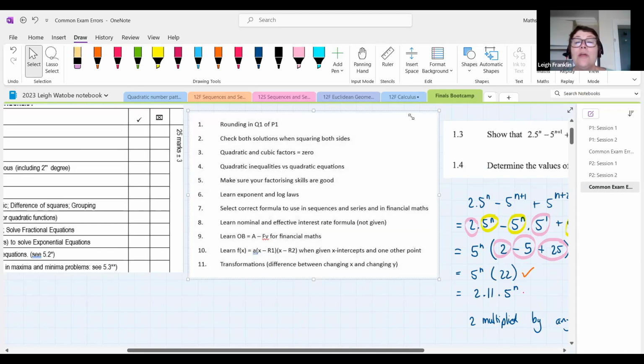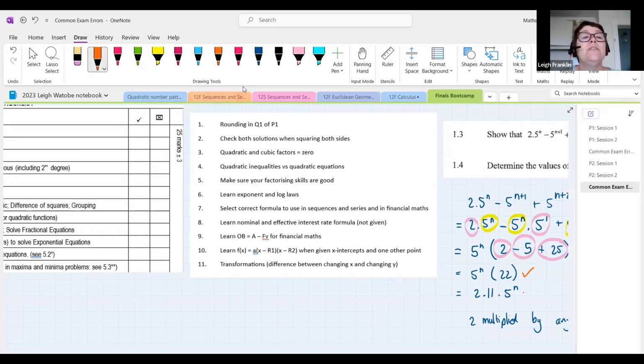All right. So just coming back to this before we continue. Things we need to be careful of, common exam errors in paper 1. Be careful of rounding in question 1. Do you remember I told you the last time when we worked through that paper, they penalize on rounding in question 1.2. So make sure you round accurately to 2 decimal places when you use the quadratic formula.